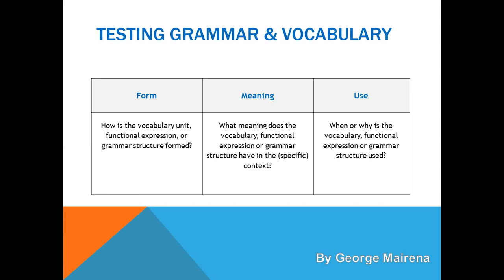What meaning does the vocabulary, functional expression, or grammar structure have in the specific context? So when we say what's the meaning of the vocabulary? As you know, in English, we can use different words for expressing different things. But when we talk about synonyms, they are synonyms, but we cannot use them in the same context. A very simple example. In our native tongue, we use café, right?